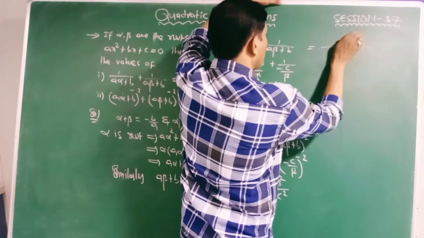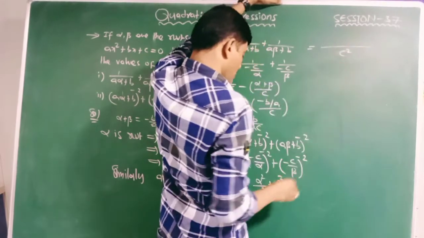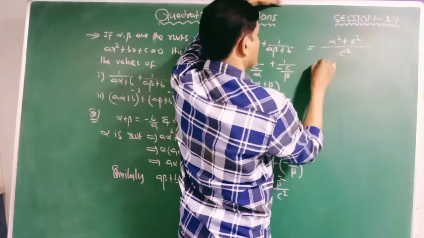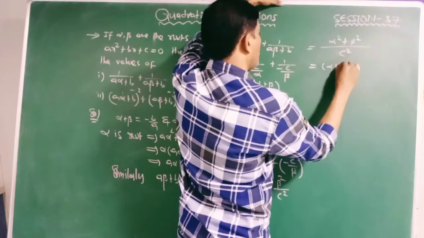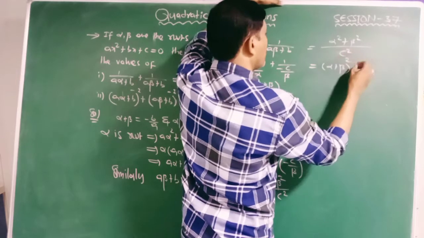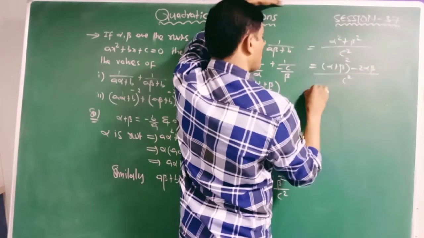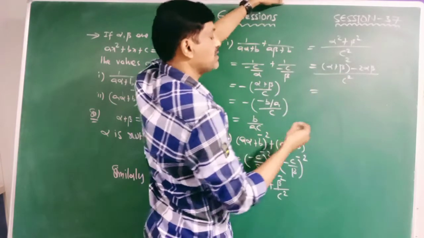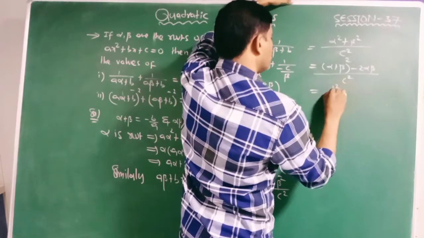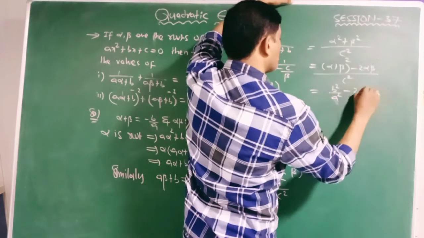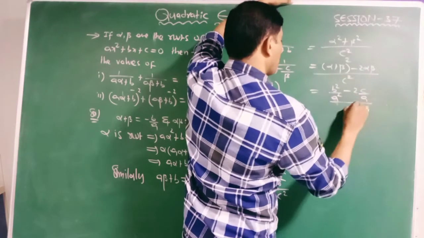That is equal to, as this is c square, the numerator is alpha square plus beta square. You know very well, it is (alpha plus beta) whole square minus 2 times alpha beta, by c square. What is alpha plus beta? Minus b by a whole square means b square by a square, minus 2 times c by a, all by c square.